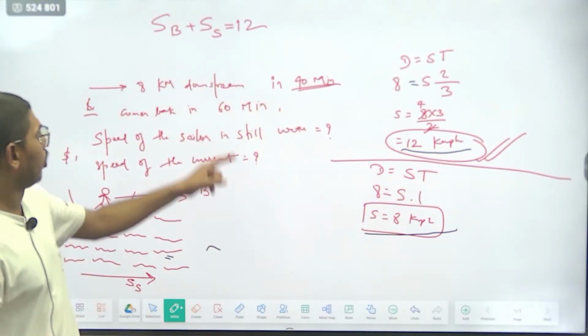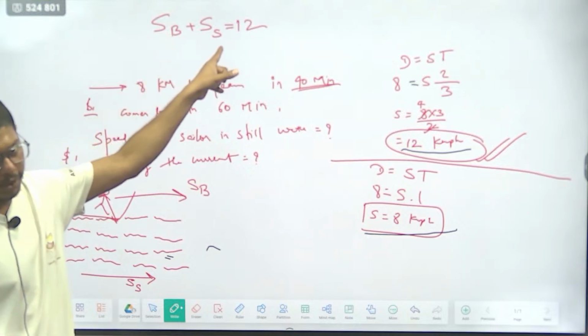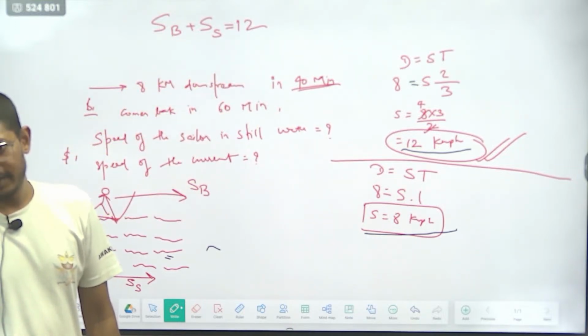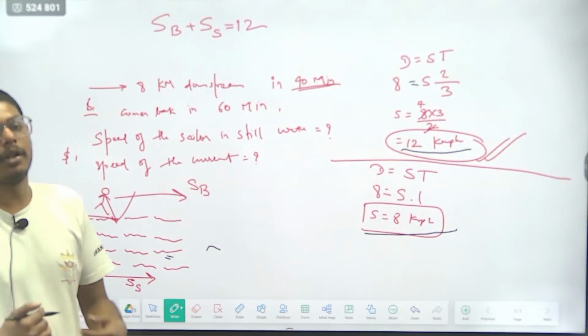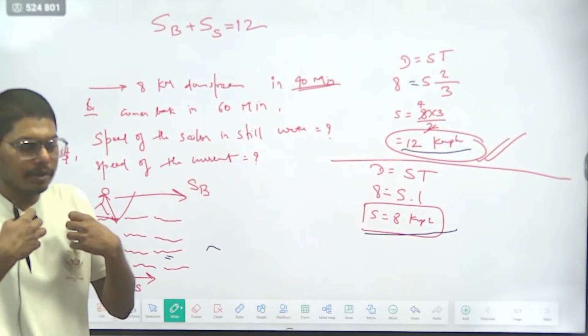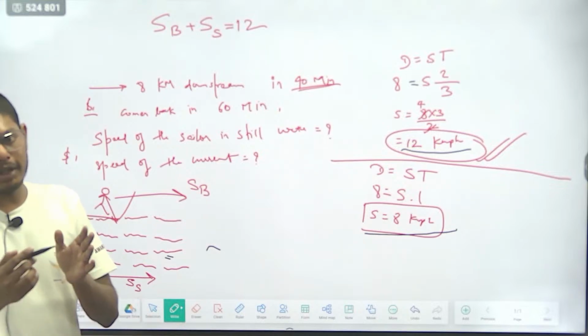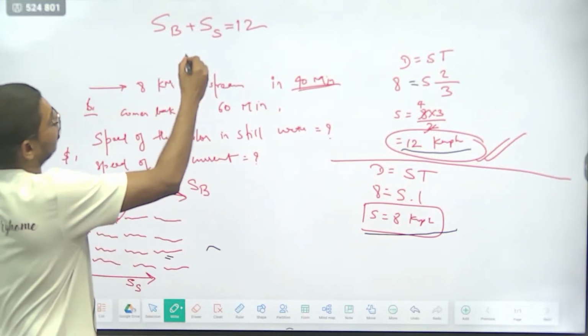So now tell me, will the speed of the boat be reduced or the speed of the stream? Speed of the boat will be reduced. I mean, reduced as in the boat will be slow. Okay, fine, that I get. But in the minus, we have to write minus.